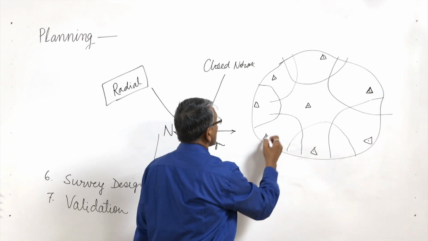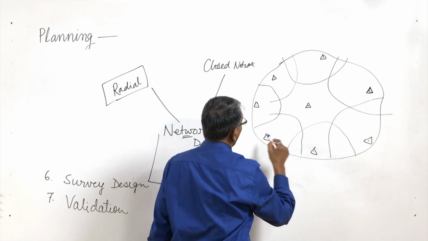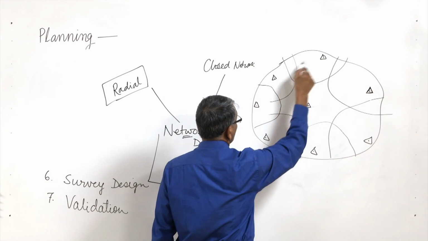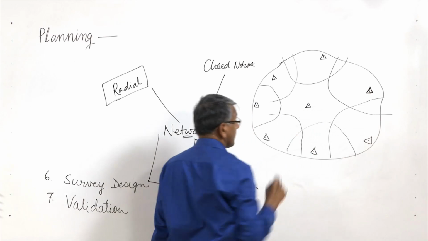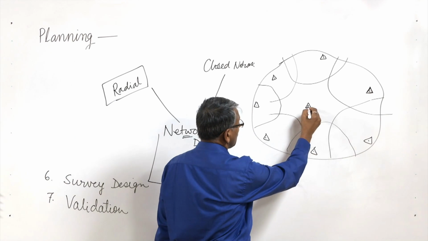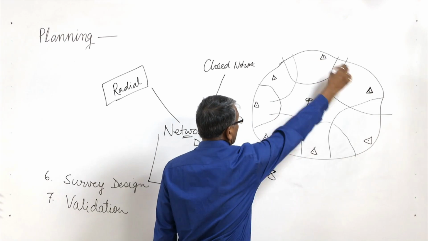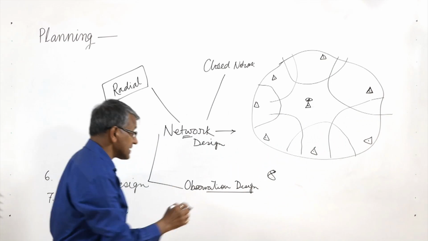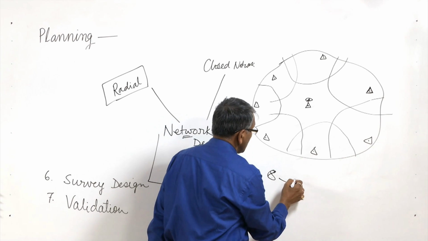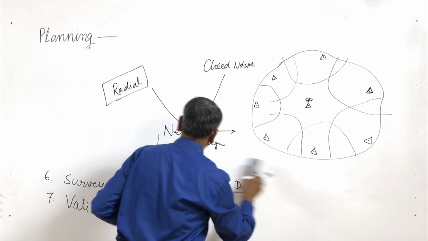Suppose this is the configuration of stations, 1, 2, 3, 4, 5, 6, 7, 8. If I have 8 receivers, I will simply place one at each station. But if we have fewer than 8, then the question comes how to place the receivers.